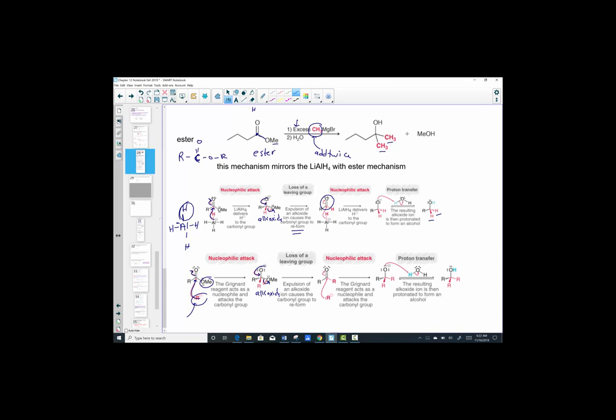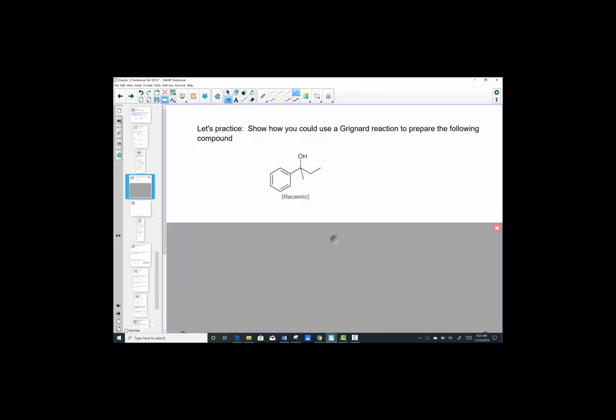When it does so, forcing that leaving group to leave, you've now reformed a carbonyl carbon for a second attack. That second attack with the Grignard reagent introduces a second functional group, and at the end you've created that tertiary alcohol. Remember, we just used the solvent to protonate that alkoxide ion, and a tertiary alcohol will form. So the benefit of a Grignard reagent is introducing more carbon into the alcohol from the original ketone.